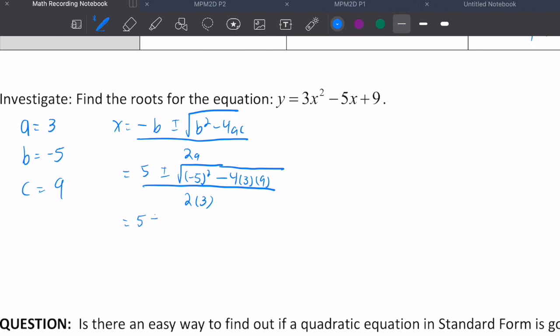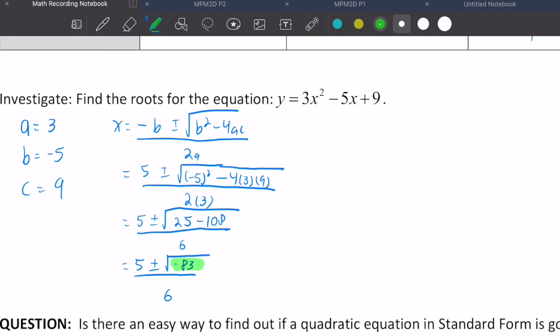We got 5 plus minus the square root of 25 minus 108 all over 6. 5 plus minus the square root of negative 83 over 6. Wait a minute. Negative 83. This isn't going to work. You can't have a negative square root.